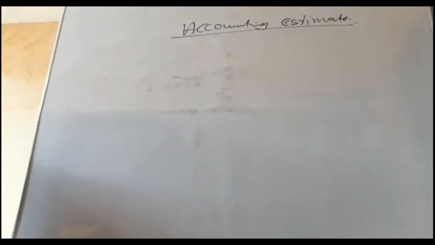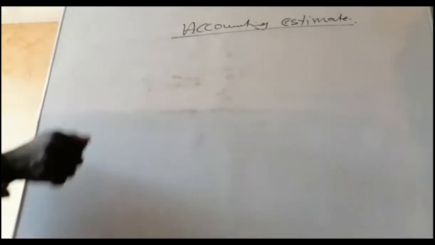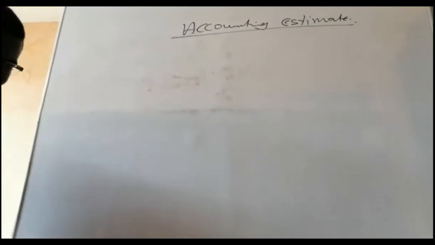Now, a clear distinction must be drawn between estimate and policy. Take this opportunity to clear the difference: accounting policy and accounting estimate. What's the difference? Good. Now, policy deals with specific rule, specific practice, specific principle.